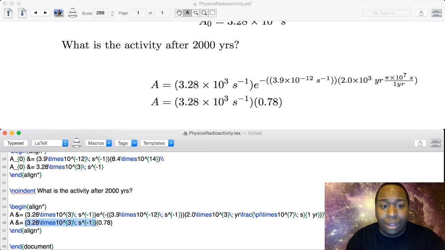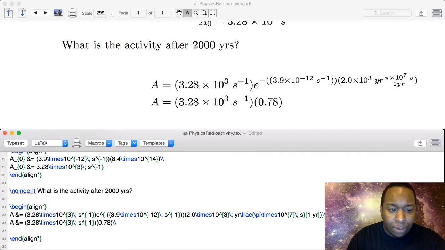But let me quickly calculate what it comes up to be exactly. So 3.28 times 10 cubed. And so now we get an answer of roughly 2.56 times 10 raised to the cube power per second.